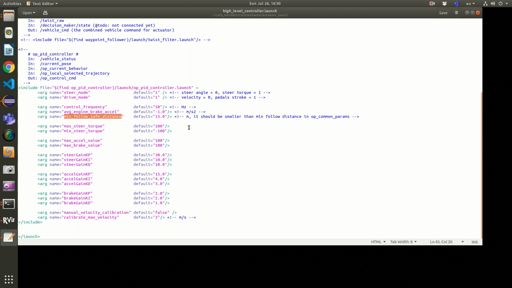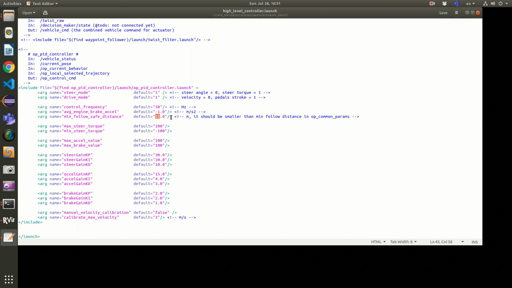Minimum following distance is used when following the next vehicle. This is the minimum distance that we want to maintain between the ego vehicle and the follow vehicle or lead vehicle, or when stopping for an obstacle. This also depends on the average deceleration of the brakes and the engine brake, so we need to tune this parameter also.